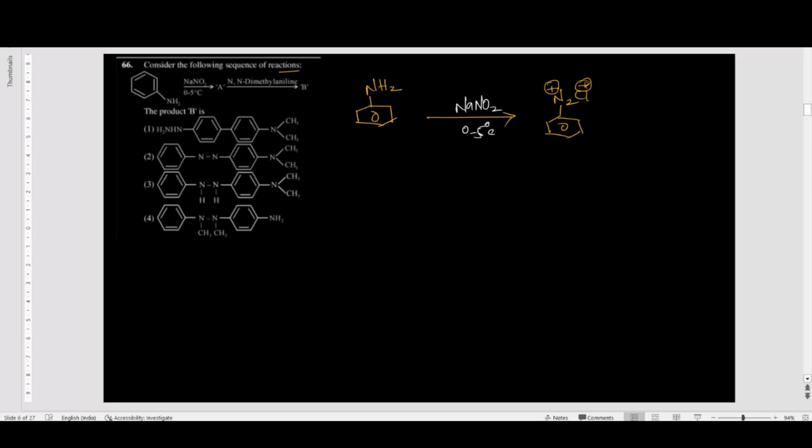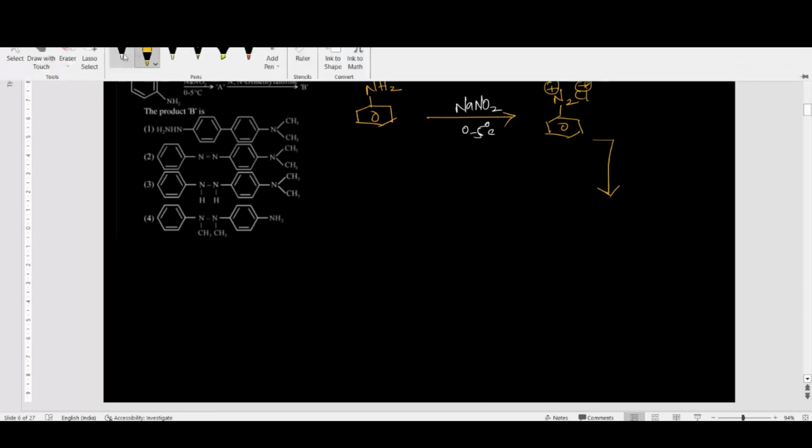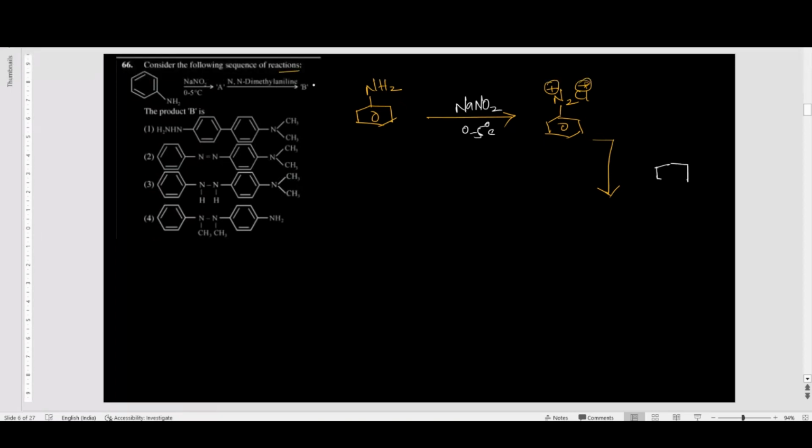And then they have given N,N-dimethyl aniline. So the structure of N,N-dimethyl aniline is, let me draw it here, with CH3 groups. This is N,N-dimethyl aniline, and this is benzene diazonium chloride, right? Now this reaction is a coupling reaction.